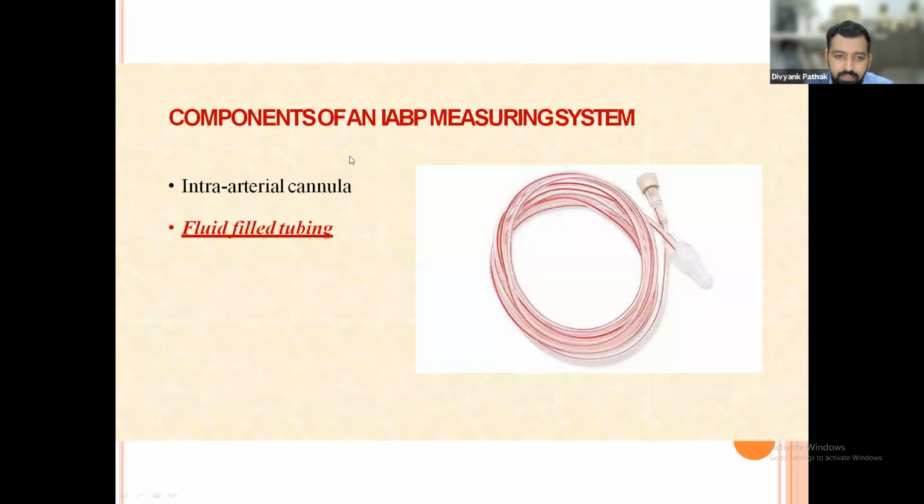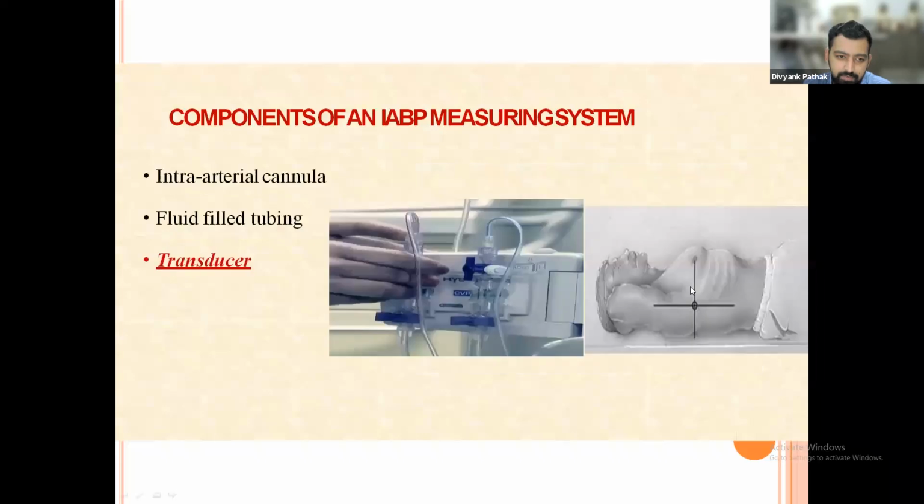Now the other component is fluid filled tubing, which is non-compliant, small in diameter, hard, and specific for pressure monitoring systems. Now this is a transducer. You can see that there is a 3-way and a transducer attached.